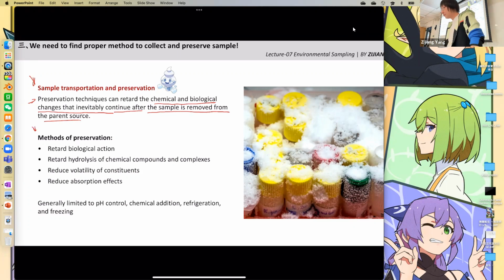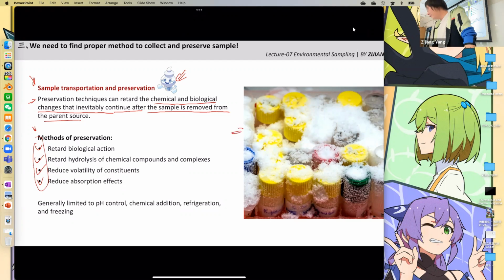There are some methods of preservation, like retarding the biological action, retarding the hydrolysis of the chemical components and complexes, reducing the volatility of the constituents, and reducing the absorption effects. If we summarize them together, by lowering the temperature, most of these processes will be slower.